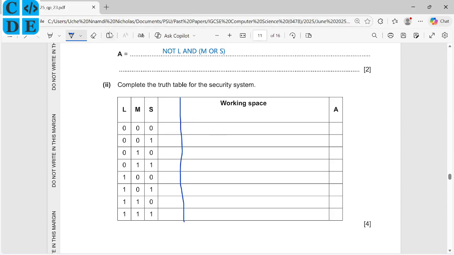So what I'm going to do here, I will do not L. And then this part will be the M or S. Then here we can write the final thing. Okay. So not L means you negate everything here.